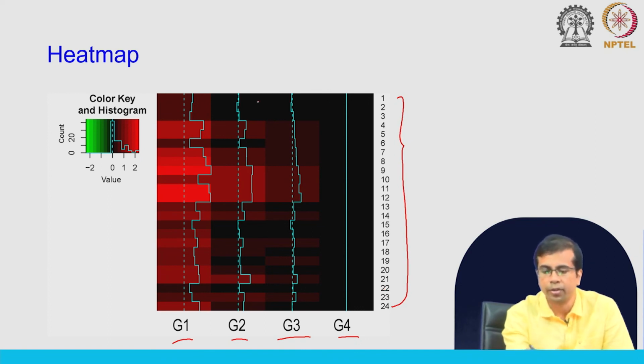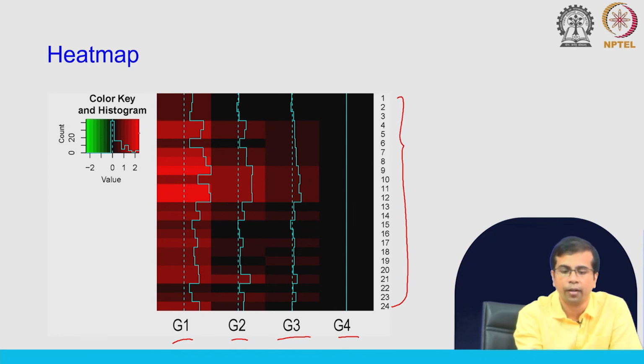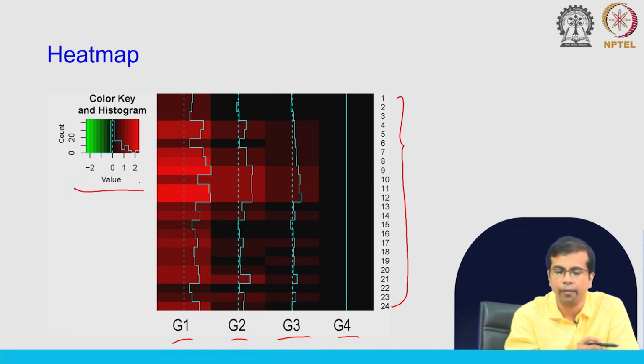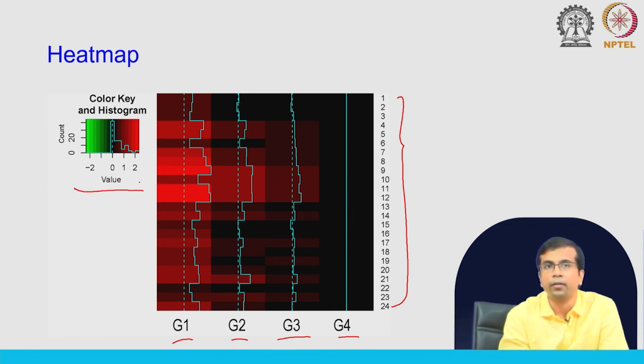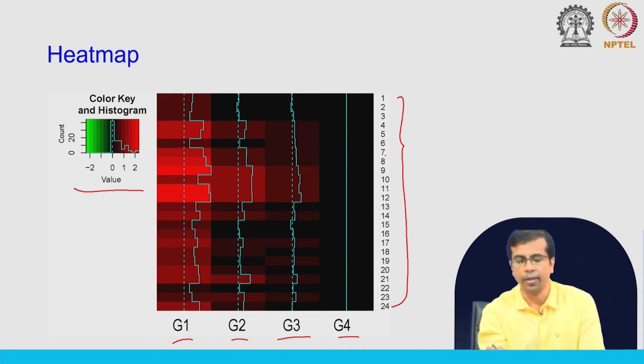Here you are seeing the expression levels, which are color coded, and the colors are given here. If you have red color, this means this gene is overexpressed. It shows higher expression or positive log fold change. You can probably see this very clearly here.